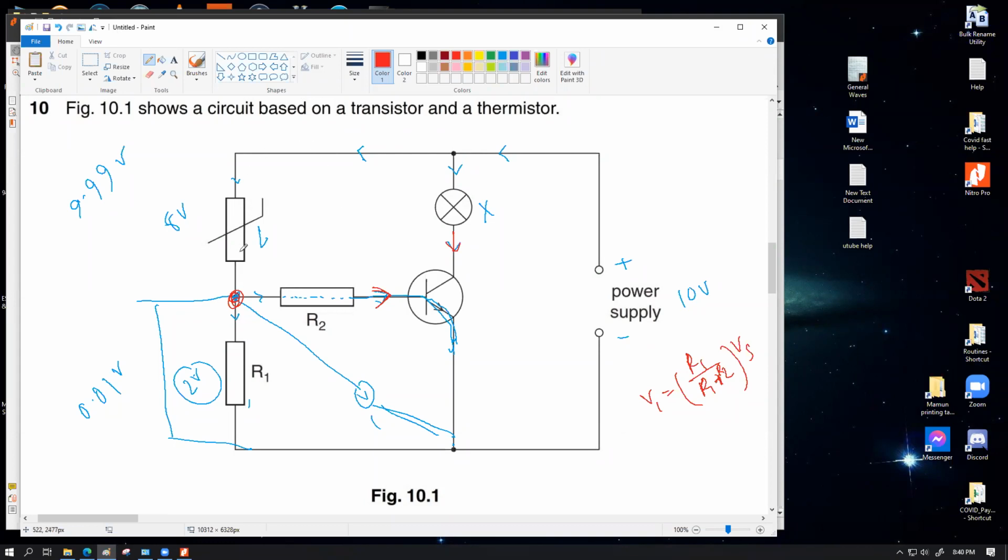So a small amount of current will definitely flow through this path. This current flow path is not actually helping you to light up the bulb. This is supposed to work as our warning or signal, some sort of sensing output device, which actually tells us the state of temperature over here.